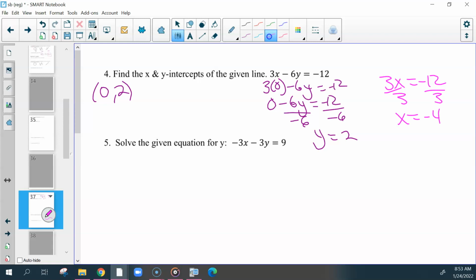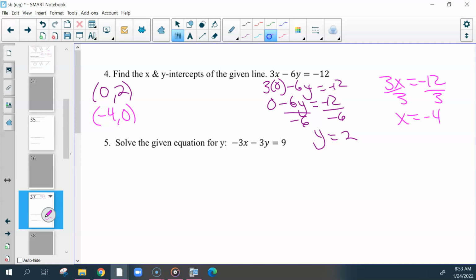And then write that as an ordered pair. Do you have any questions on number 4?